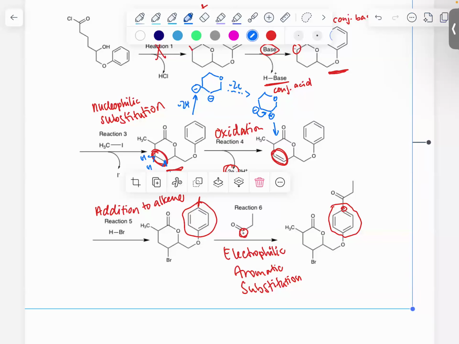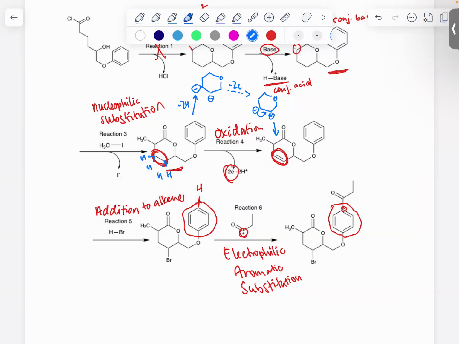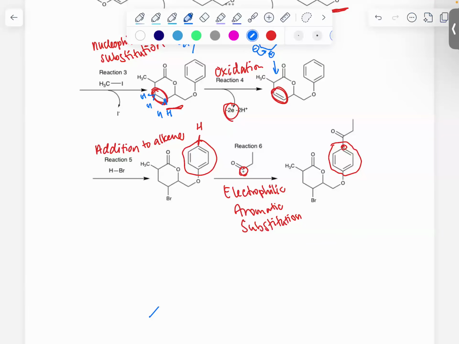What's up? In oxidation reactions, does a double bond always form? So one example of oxidation is aldehyde to carboxylic acid. That is not forming a new double bond.